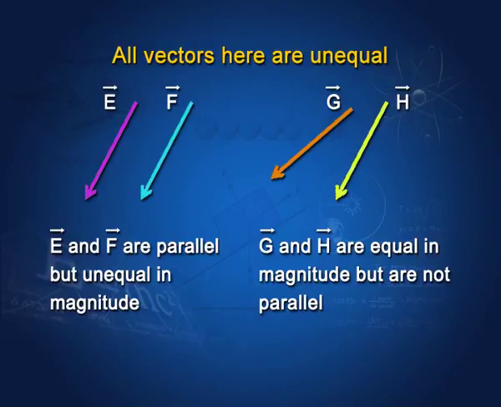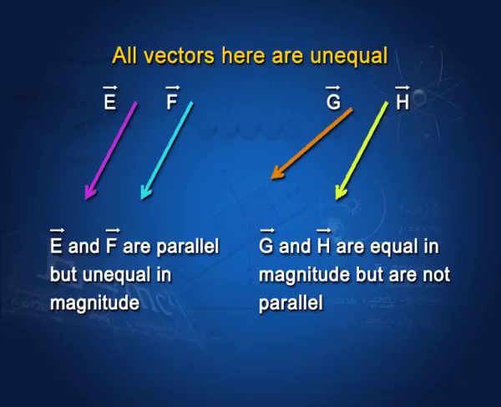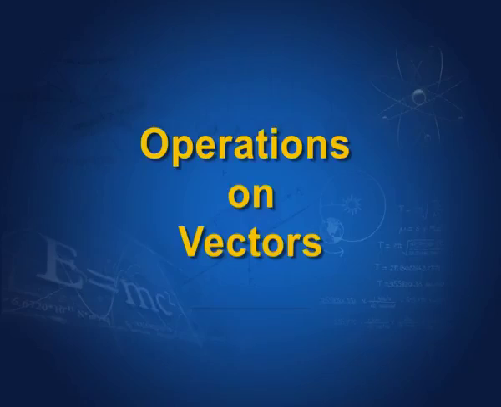Vectors e and f point in the same direction, but they have different magnitudes. Therefore, again by our definition they are not equal vectors. Equal vectors, let me emphasize, are those vectors which point in the same direction and which have the same magnitude. In the next lecture, we shall deal with the operations on vectors.